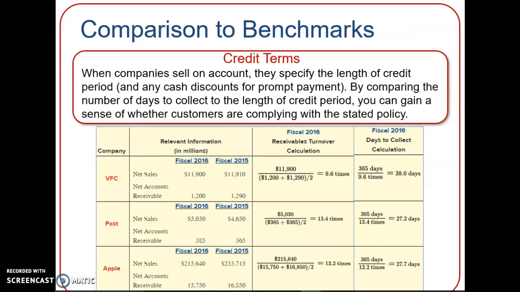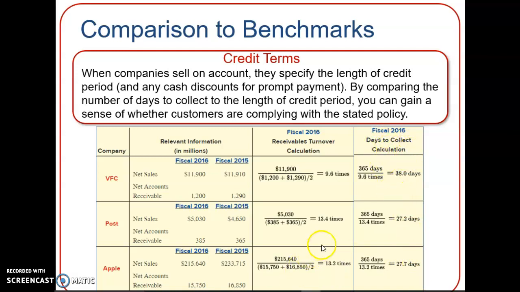As we mentioned, those two are useful financial ratios to compare the company with your competitors, with your industry. For example, look at Apple. Apple's turnover for 2016 is 13.2 times, which equals how many days to collect? 27.7 days to collect.